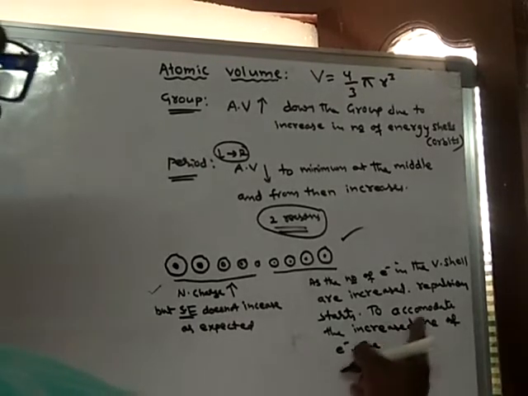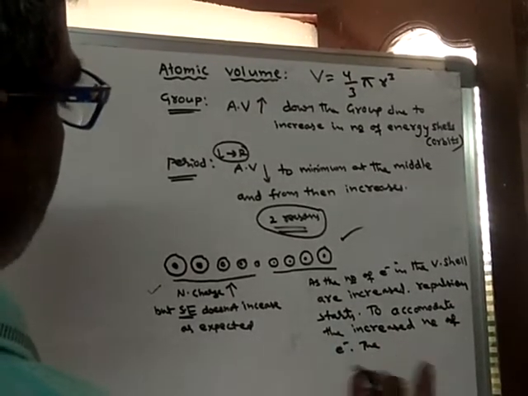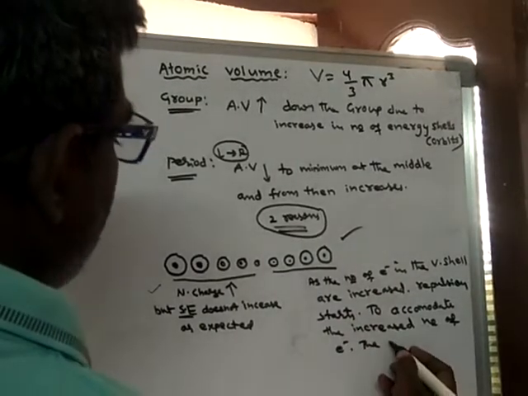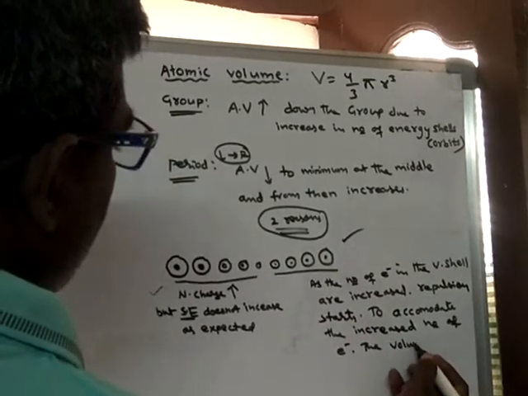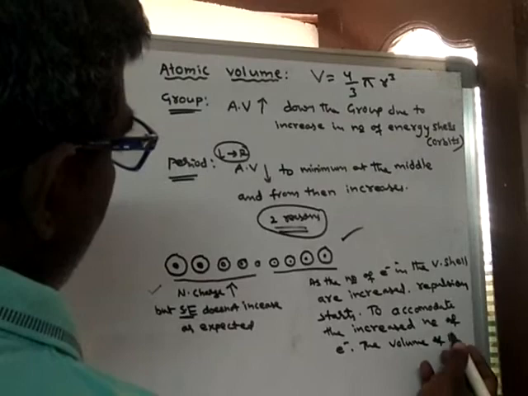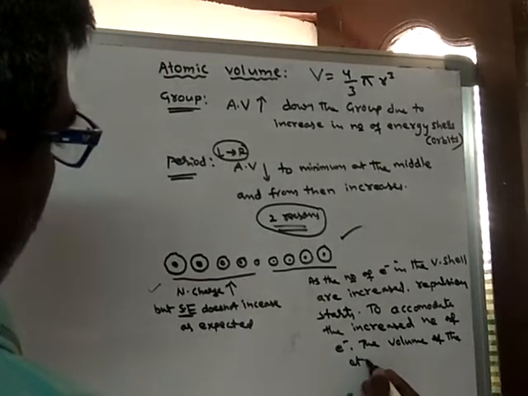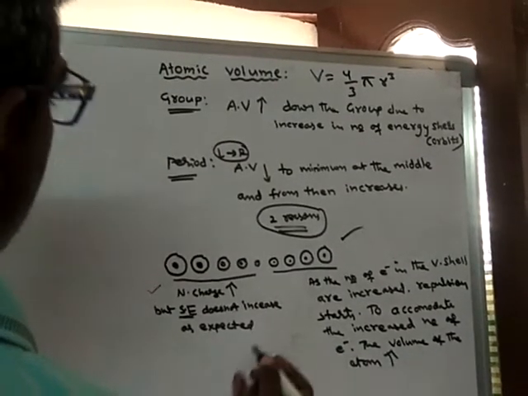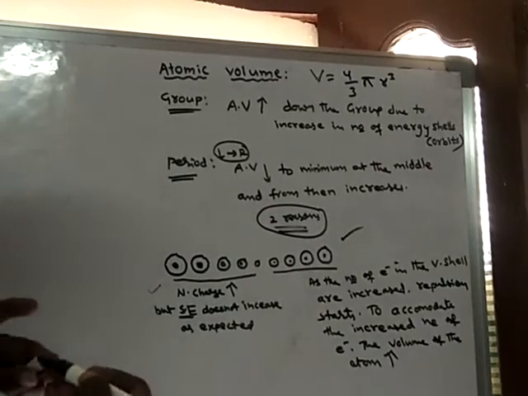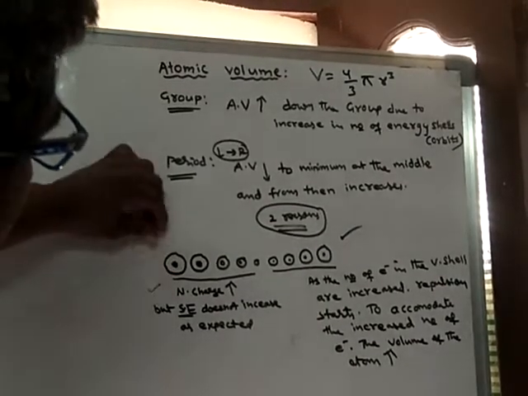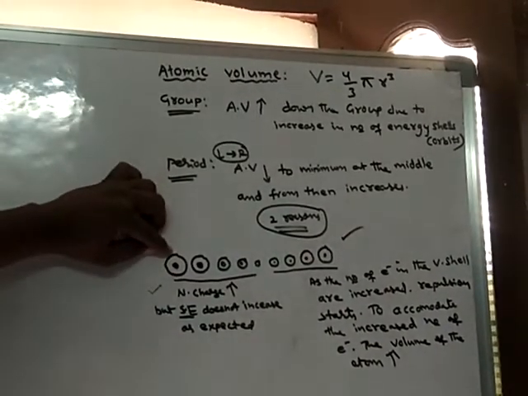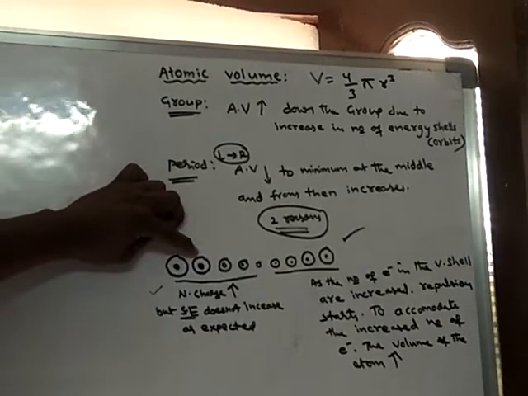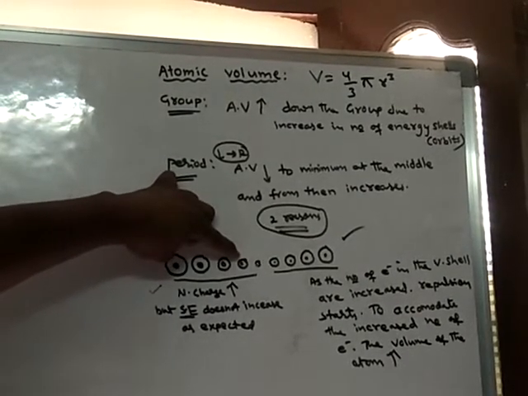the volume of the atom increases. Why is the volume increased? Initially one electron is added to the valence shell, 2 electrons, 3 electrons, 4 electrons.